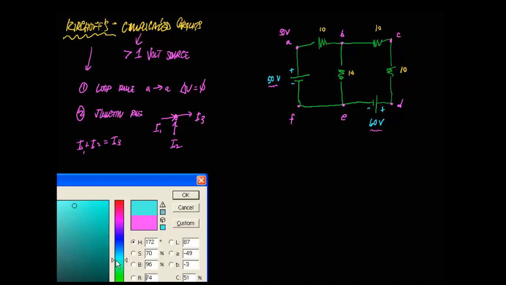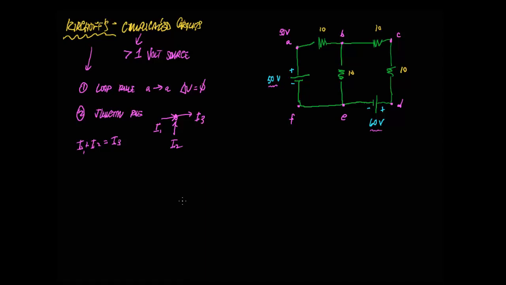Alright, so how do I do this? We're going to start by looking at the junction rule, and at junction B I have to look at the currents. I'm expecting the current to come out of the 50 in this direction. Once it gets here, it has to split. So I'm going to say the whole left loop is I1.